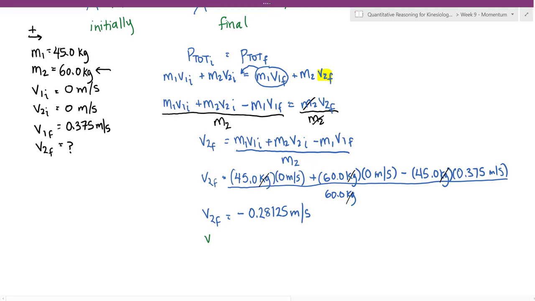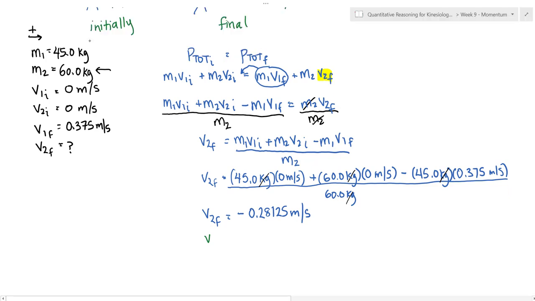So I'm going to write v2 final is equal to 0.281. I won't put in too many decimal places. 0.281 meters per second. And in brackets, I'll write the direction as left.